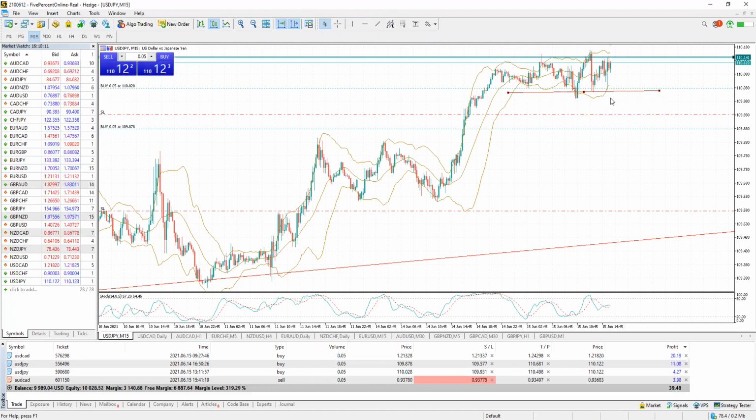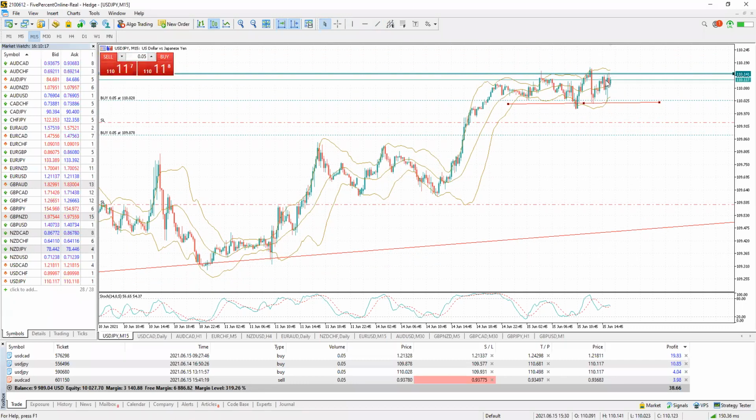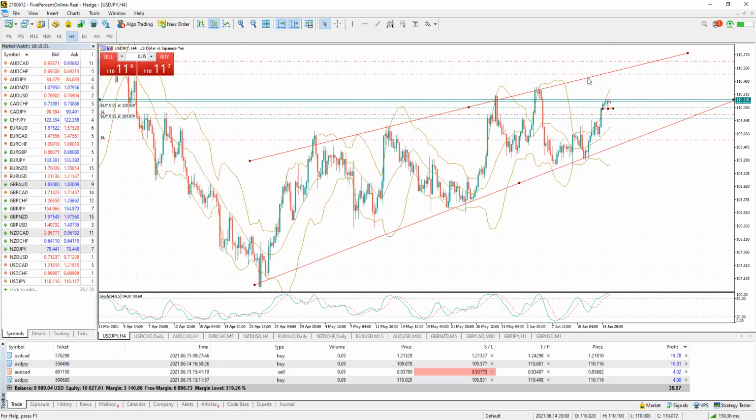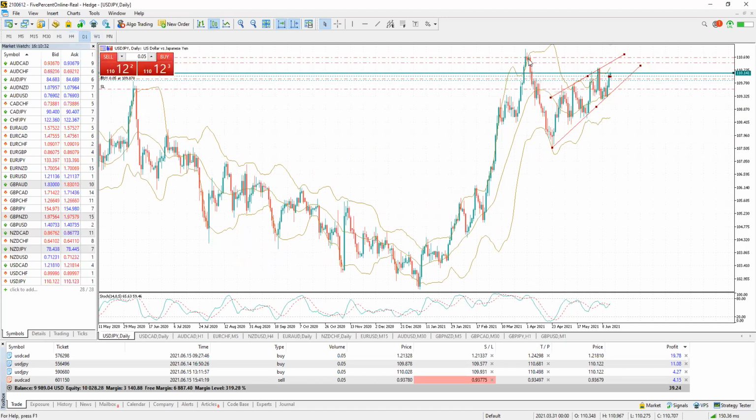I bought at the lowest point of today and increased my position. I wanted it to break above and make an even higher high than that, because we are in high momentum, and I wanted to close here, at the high on the daily. That's my strategy on the dollar yen as well.